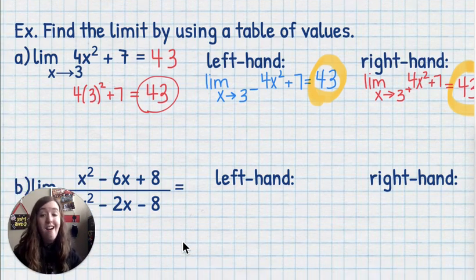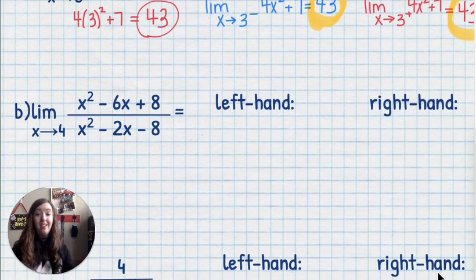But we're not always able to just plug in a value. So if we were to plug in 4 to this guy, we would end up with 0 over 0, and that's undefined. So we can't just plug in the value for x. So we need to look and see what's going on at each side.